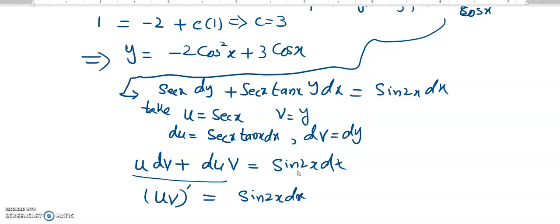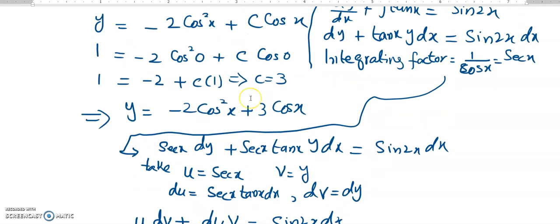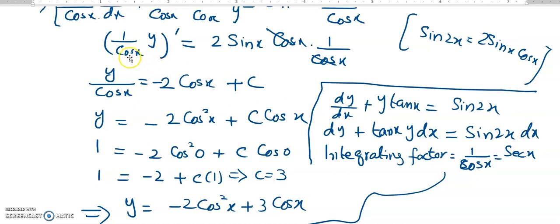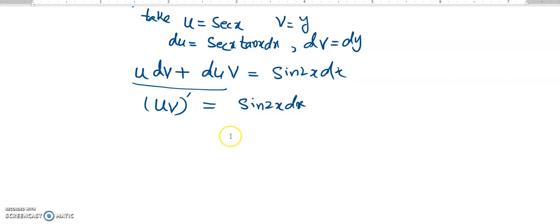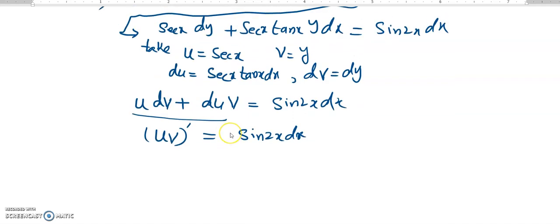Okay, so this is the same thing which I wrote over here. Here I took 1 over cosine x, so what is u? u is secant x, v is y. So secant x y prime is equal to sine 2x dx.